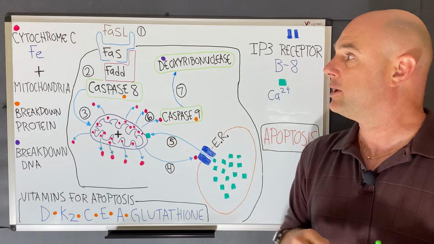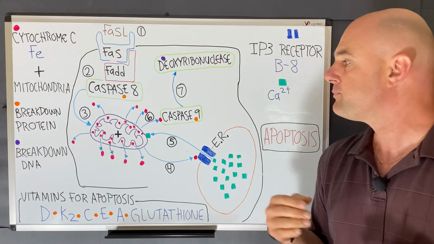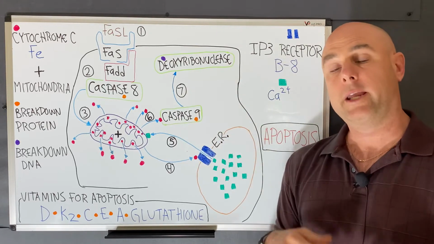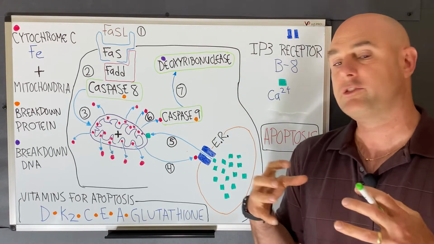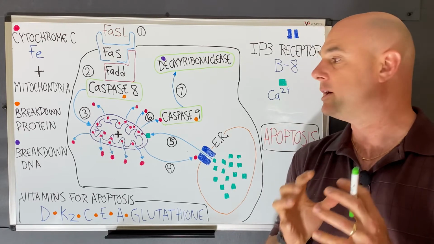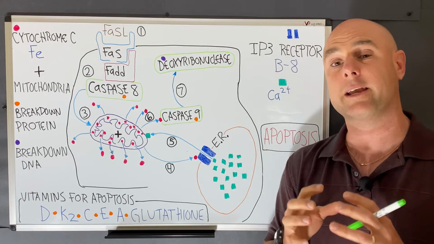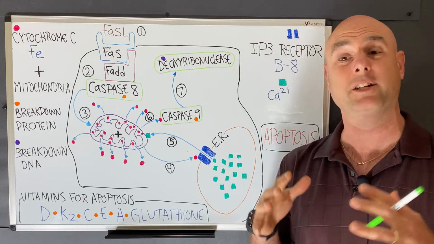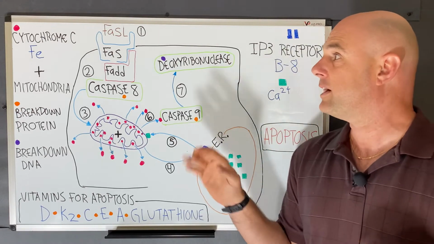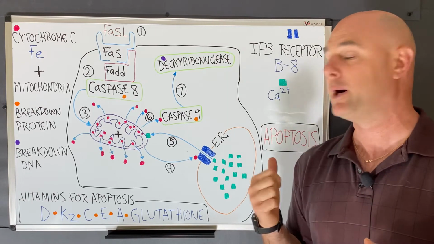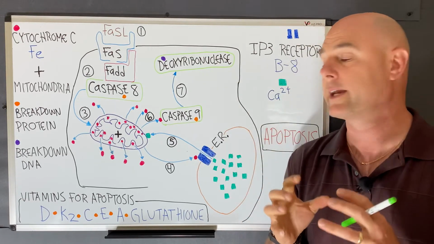It needs the cytochrome C to activate it. And again, once this becomes active, it starts breaking down our proteins. So this cell is actually shrinking because of this. It's getting smaller. Now, a cell that dies incorrectly actually swells and just bursts. But this cell, because it's going through the programmed cell death cycle of apoptosis, is actually shrinking.